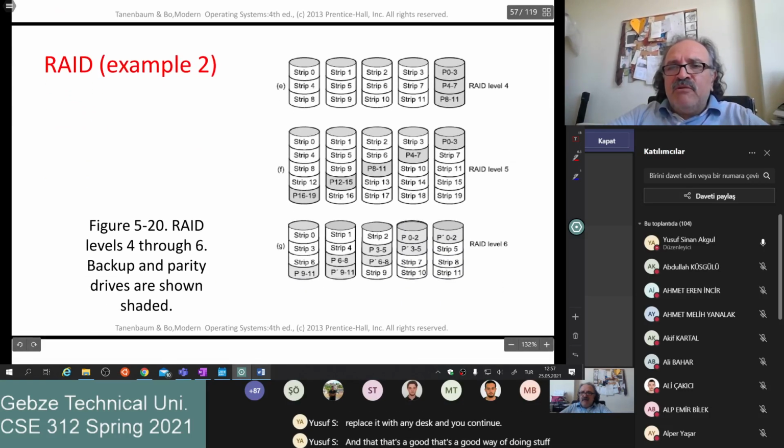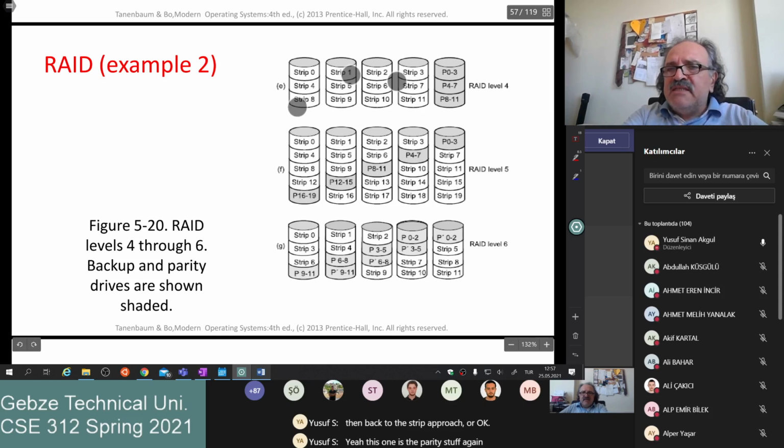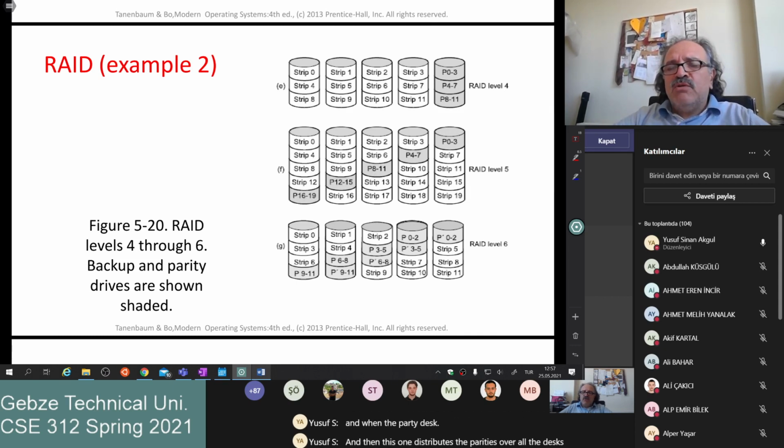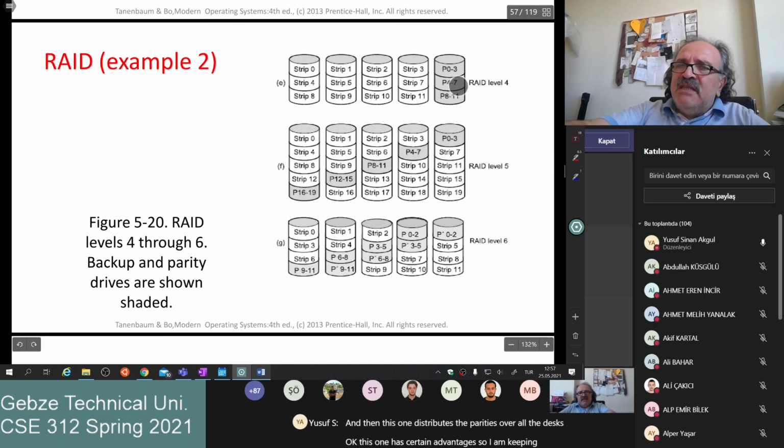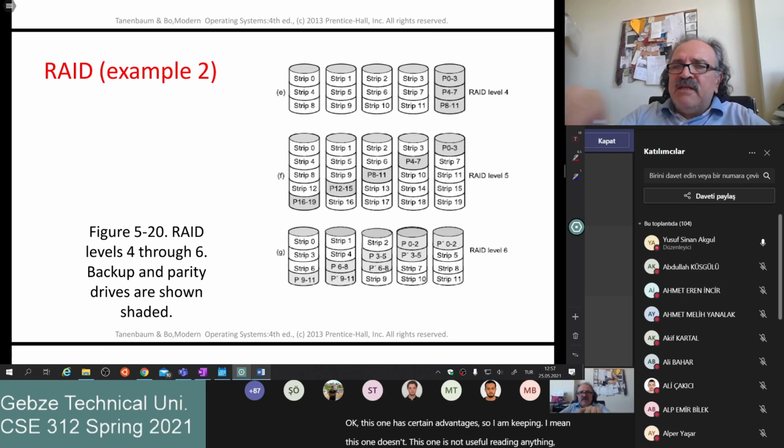And then back to the strip approach. This one is the parity stuff again for the strip disks and the parity disk, and then this one distributes the parities over all the disks. This one has certain advantages. This disk is not used for reading anything.